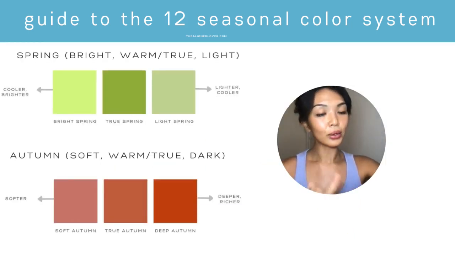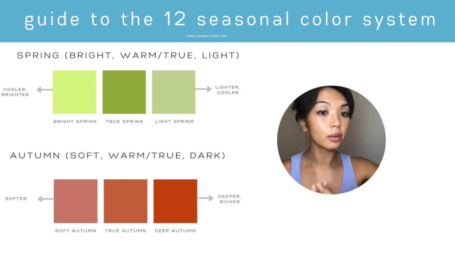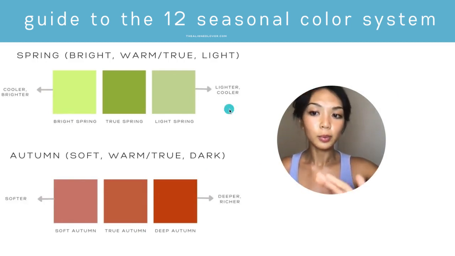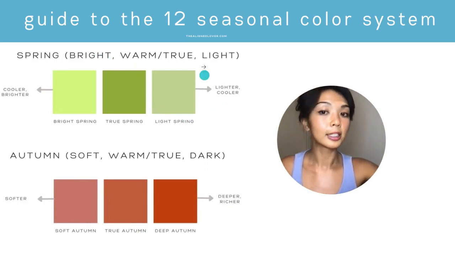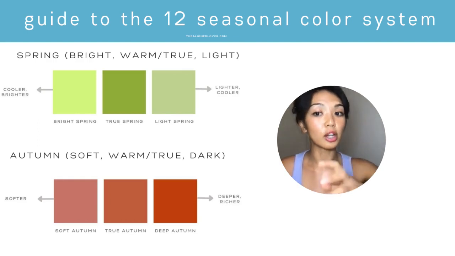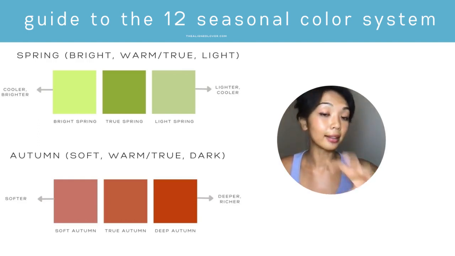All right, so let's take a closer look at the warm seasons first. So we have spring and autumn. So again, let's look at the spring sub-seasons. In the middle, you have true spring, which is also warm spring. The color palette is generally warm and light.